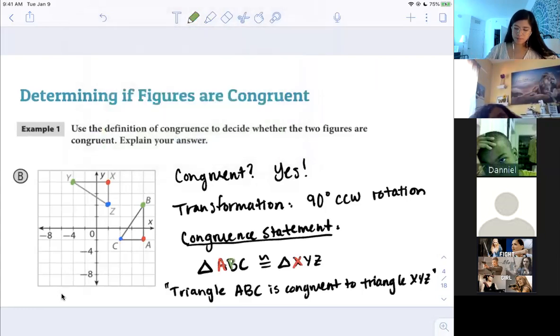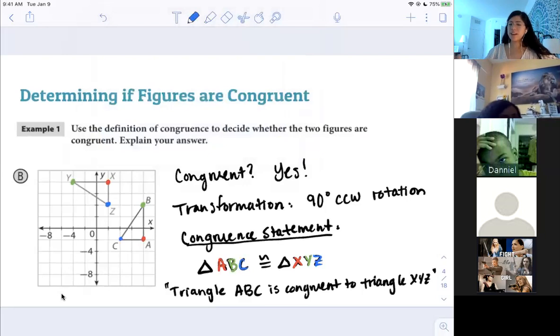When you see a congruence statement, it's showing you which of the points match up with which of the points on the other one.